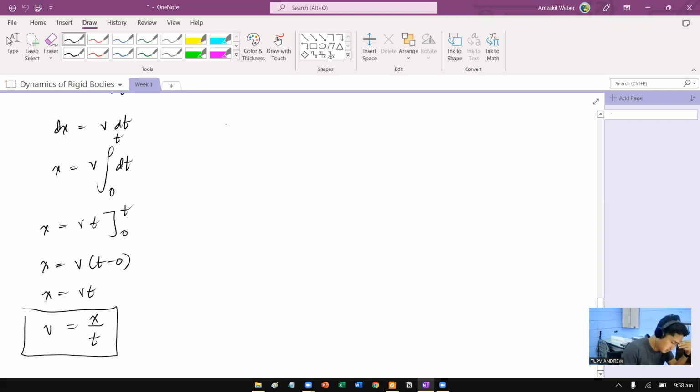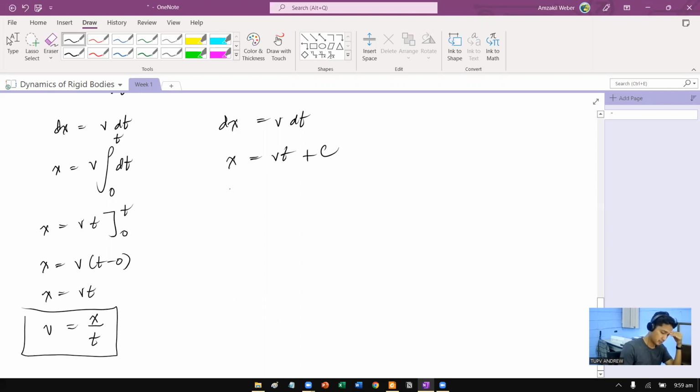We can start sa dx equals v dt. If we use the constant of integration c, then diretso lang sila integrate. So this results to x is equals to vt plus c.